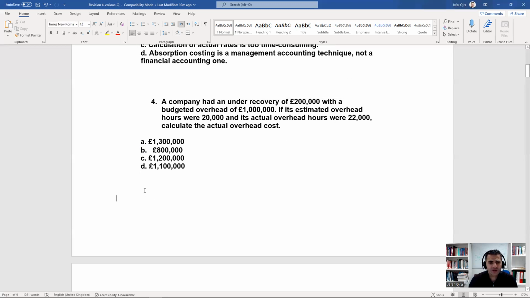You just need to follow the steps. It's not hard. First, let's calculate the budgeted rate, which is 1 million divided by the budgeted hours, which is 20,000.